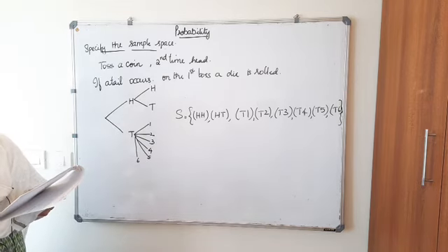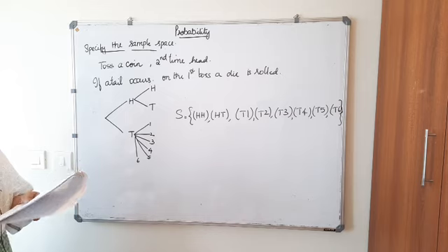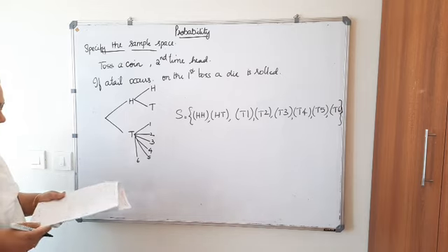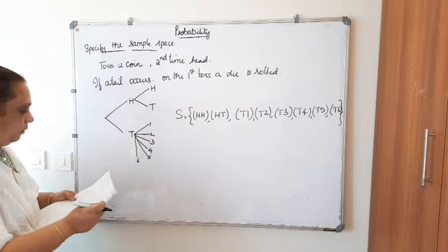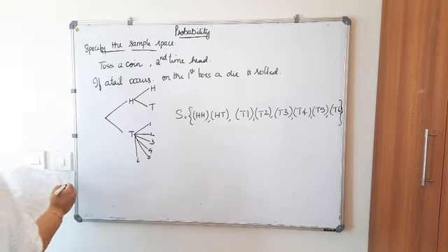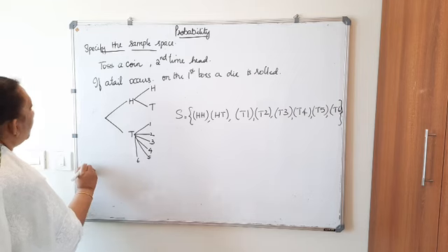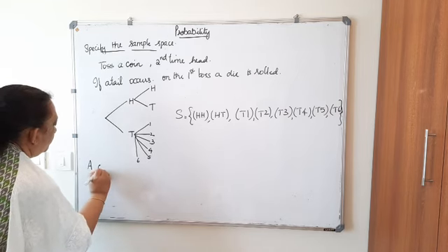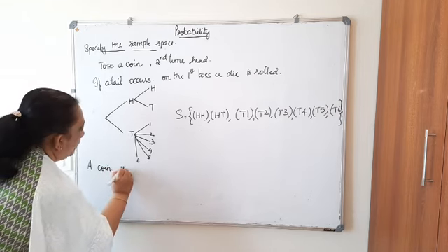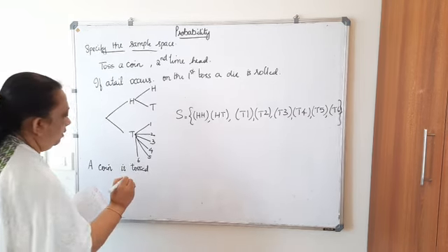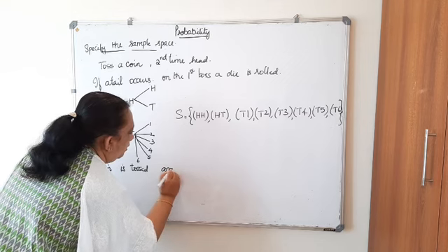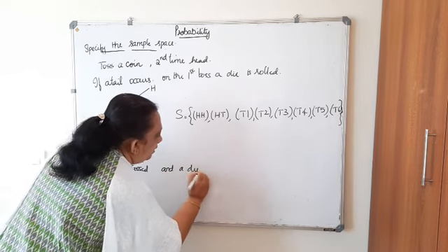Now, next one. A coin is tossed and a die is rolled.